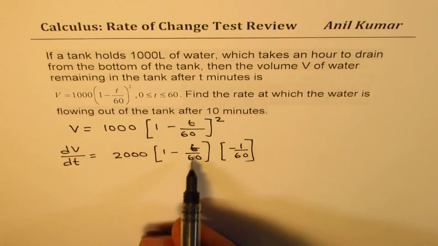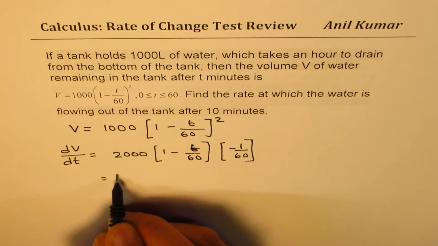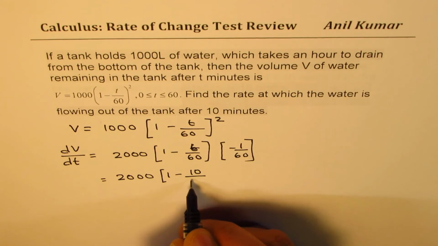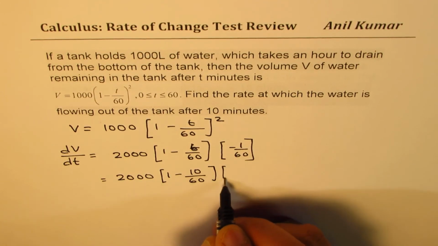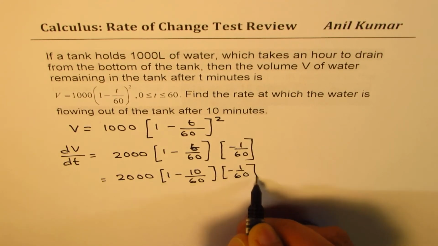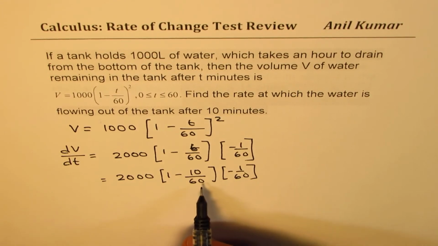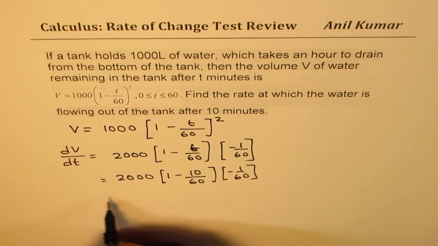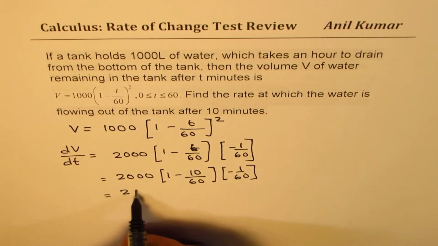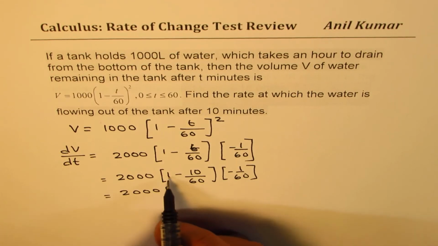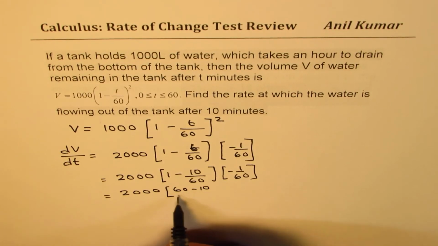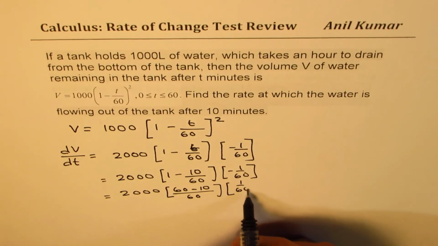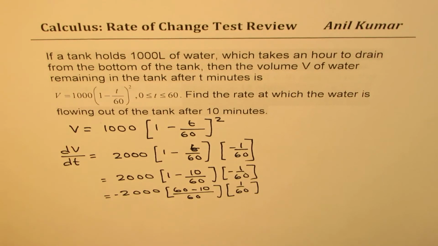Now if I substitute 10, I get my answer, which is 2000 times (1 minus 10 over 60) times minus 1 over 60. Is it okay? So that is how you're going to calculate. Now you can use a calculator to find this answer, or we can do some more calculation here, which is 2000 times (60 minus 10) over 60, times 1 over 60, and let me write down this negative here.